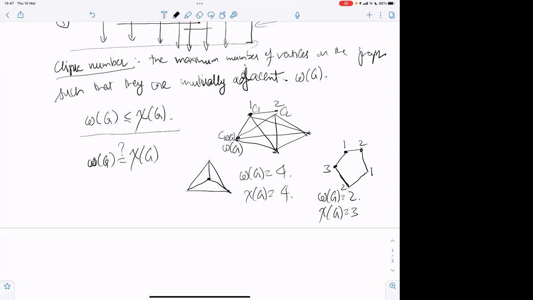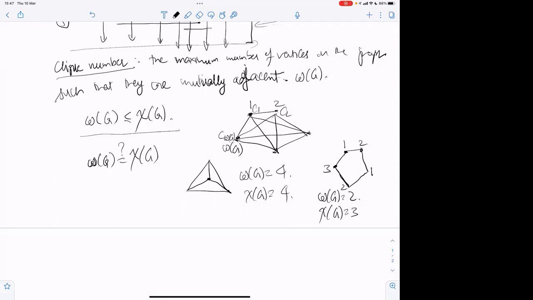So any odd cycle has clique number 2, while the chromatic number is 3. Correct? It's not a bipartite graph. You cannot color it in 2 colors and so on. Correct? So this is just to motivate these parameters. I don't expect you to know them inside out. Correct?